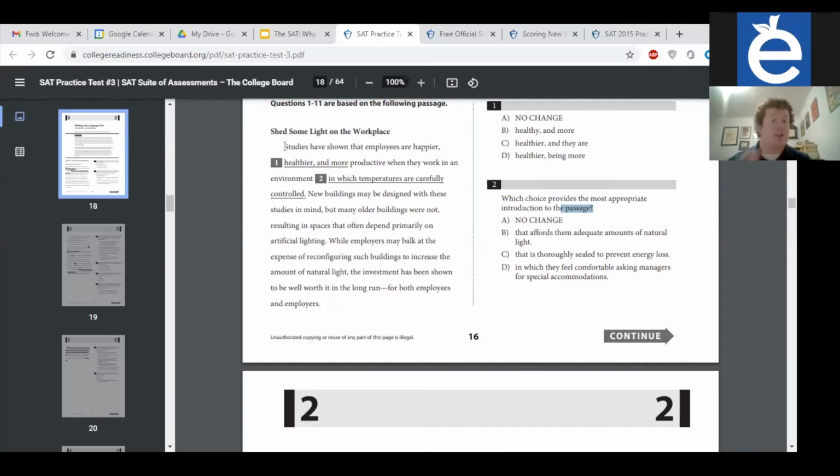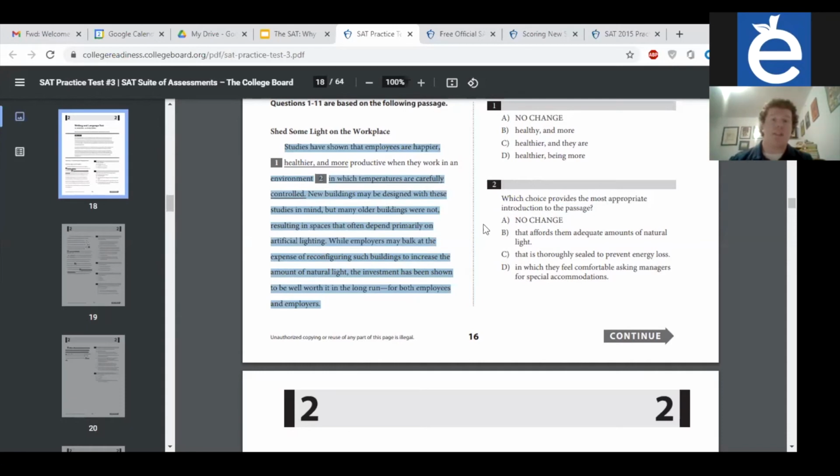Sometimes it'll be very conveniently short, but right here, this is all we have to read through. We want to read through this to get an idea of what they're going to talk about. We don't have to get into too many specifics, just so we have an idea of what the argument is that's going to follow. Studies have shown that employees are happier, healthier, and more productive when they work in an environment in which temperatures are carefully controlled.